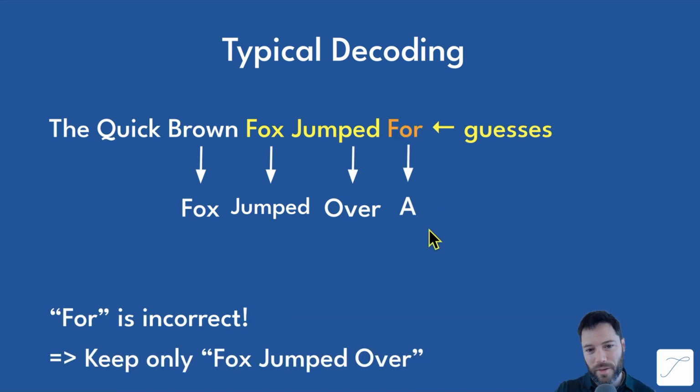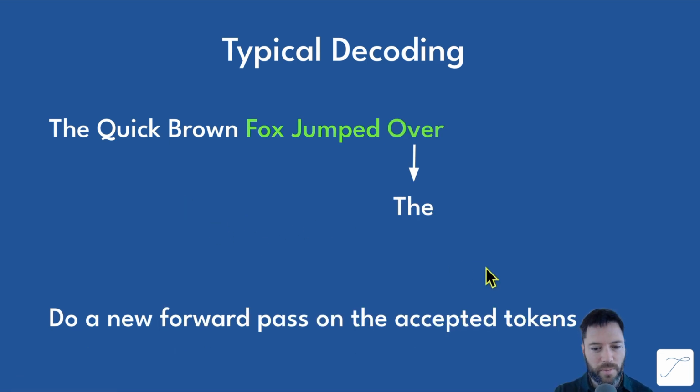Now, if I'm wrong, for example, if my guess is Fox jumped 4, here you'll see the next token after jumped is generated as over. It does not match my guess of 4, which means that this calculation of A is not going to be useful and will have to be thrown away. However, I can keep Fox jumped and over, and I can now just do another forward pass to calculate the next token after over, which is going to be there.